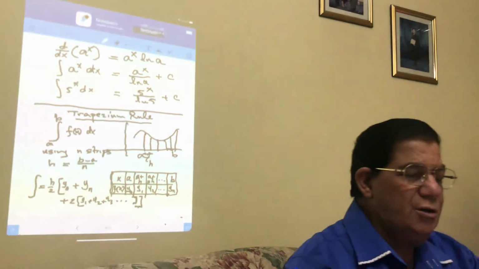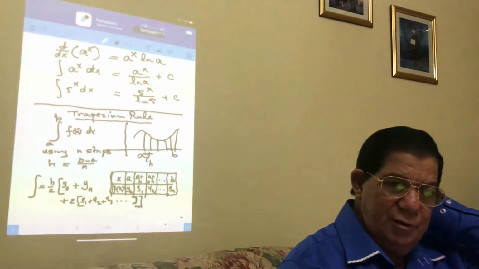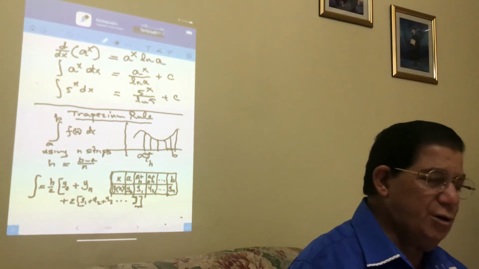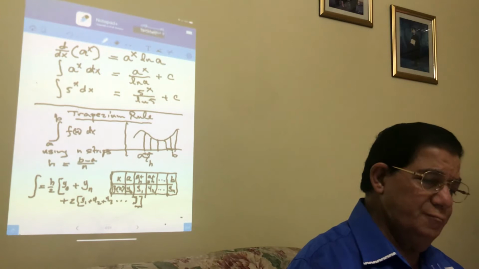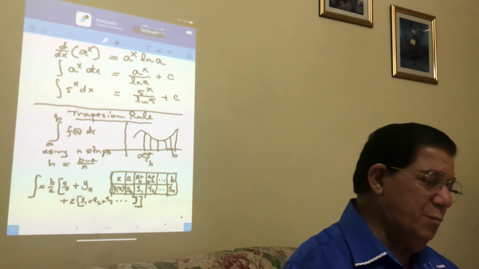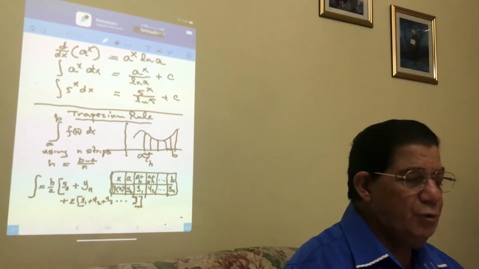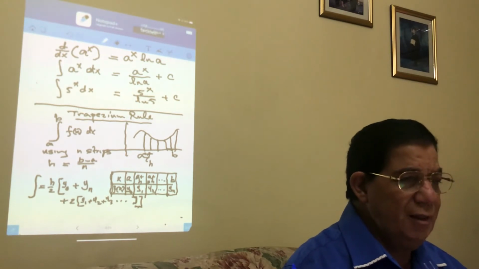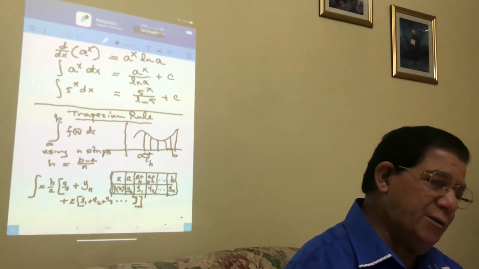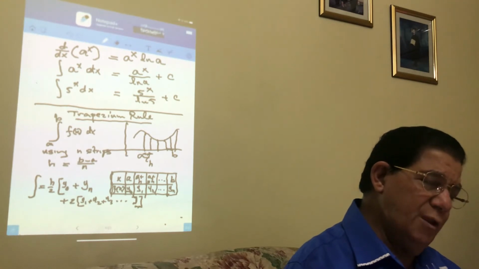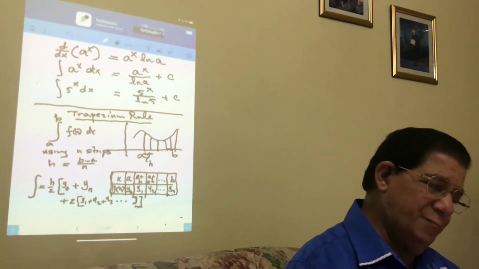And this gives us what we call the numerical integration. Numerical integration means something we cannot do analytically, and that's why we make a table and calculate it numerically.